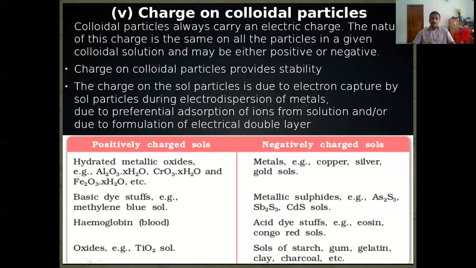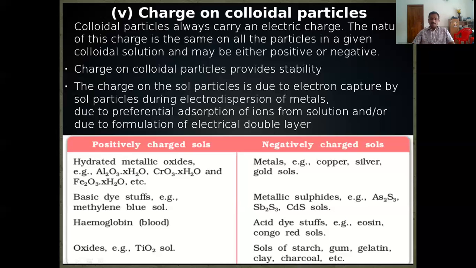During that process, the capturing of electrons may take place by the particles. Otherwise, in the case of ferric hydroxide, in the preparation of ferric hydroxide, a lot of electrolytes are present in the solution. So preferential adsorption of ions from the solution, that is another possibility. Or maybe due to the formation of electrical double layer. What is electrical double layer? That we can see in the next class.